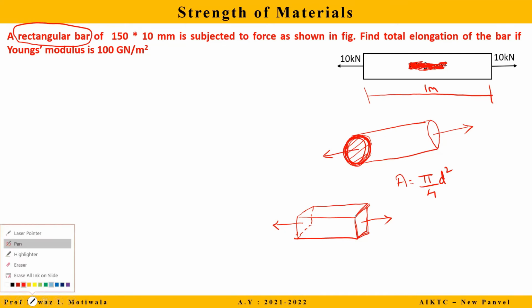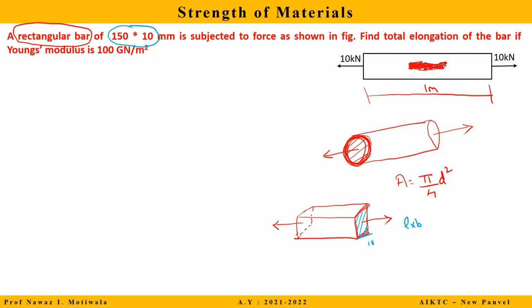So can I say that the load is acting on this particular area, which is nothing but a rectangle? Can we write pi by 4 d square for the area of a rectangle? What is the area of a rectangle? Length into breadth. Yes, length multiplied by breadth, and this value is given in the question, 150 by 10. The depth is 10 mm, the height is 150 mm, and the length is already given as 1 meter.